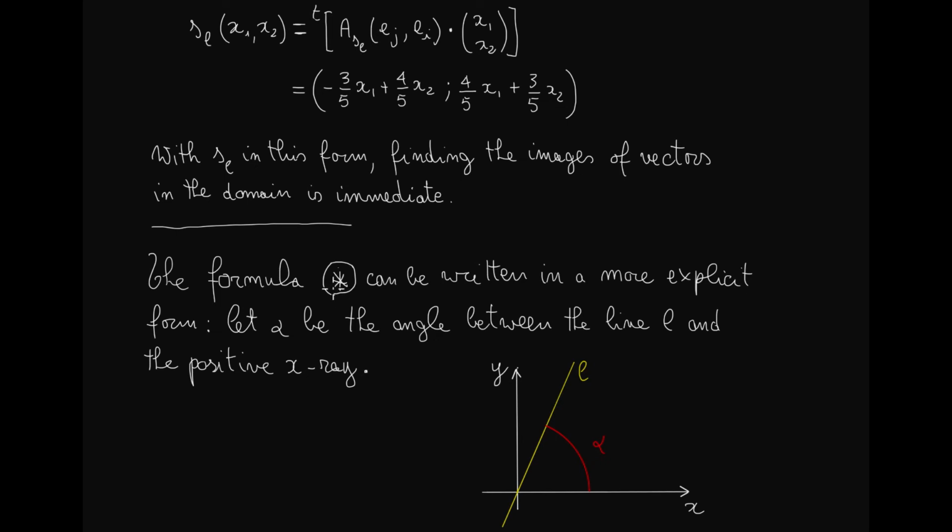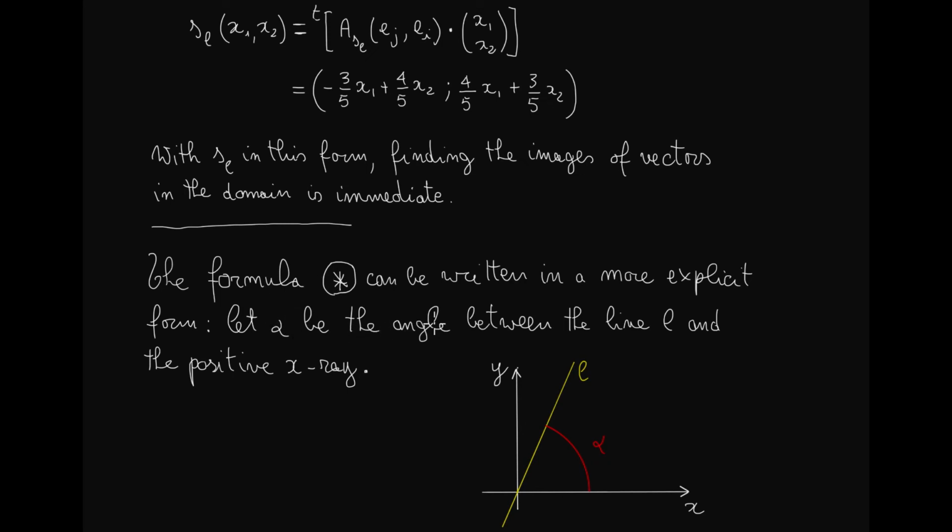The formula star can be rewritten in a more explicit form. The formula star refers to the expression that describes the associated matrix of SL with respect to the canonical basis.